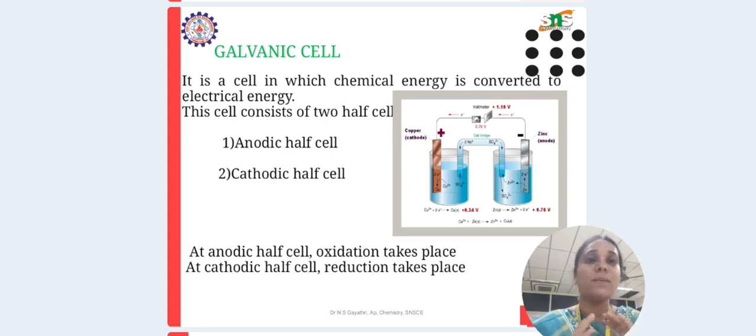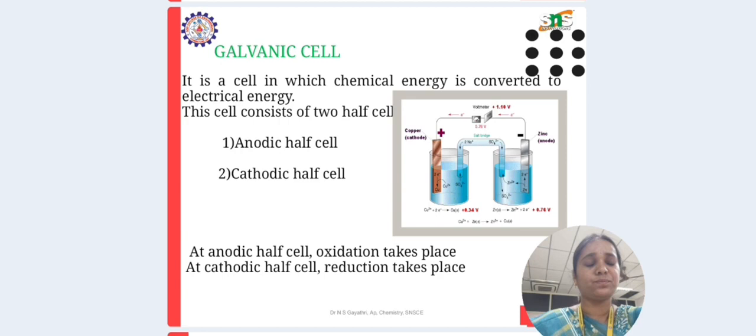In the cathodic compartment the electrode is copper, dipped in copper sulfate solution. So both compartments have one electrode and one electrolyte. Both metals, zinc and copper, act as the two electrodes.